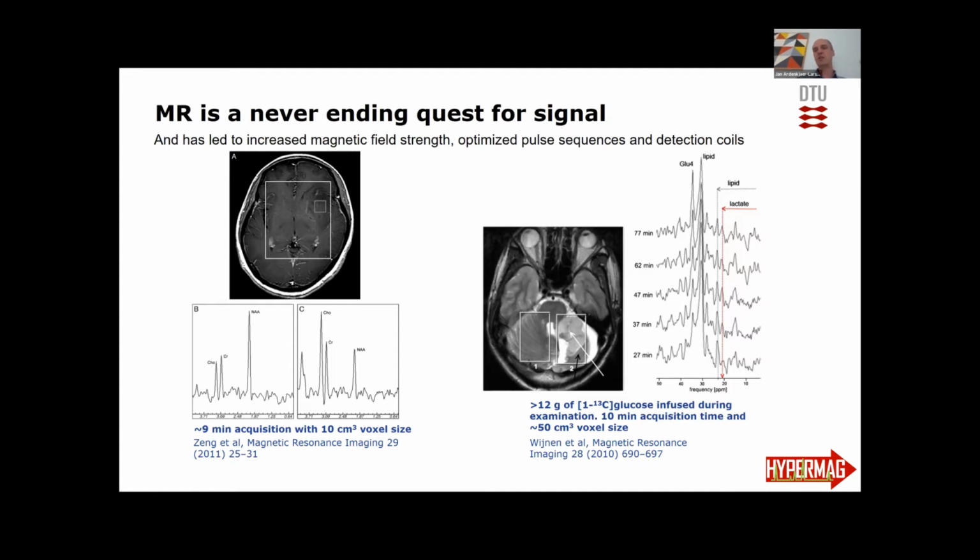But we know from these NMR spectra that we can have a lot of information about what goes on at the biochemical level. So this is really the background for what we set out to rectify.